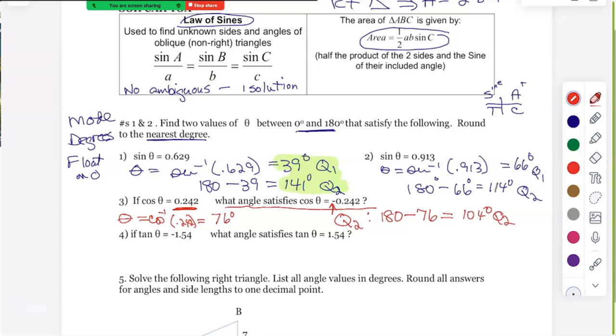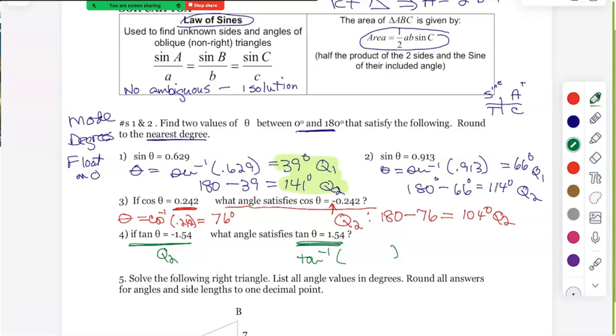Okay, so then they're trying to trick you up here. If tangent theta is negative, that's in quadrant 2, by the way. What angle satisfies the positive? Well, we're never, ever going to put a negative in as a tan to the negative 1, or a cosine to the negative 1, or a sine to the negative 1.